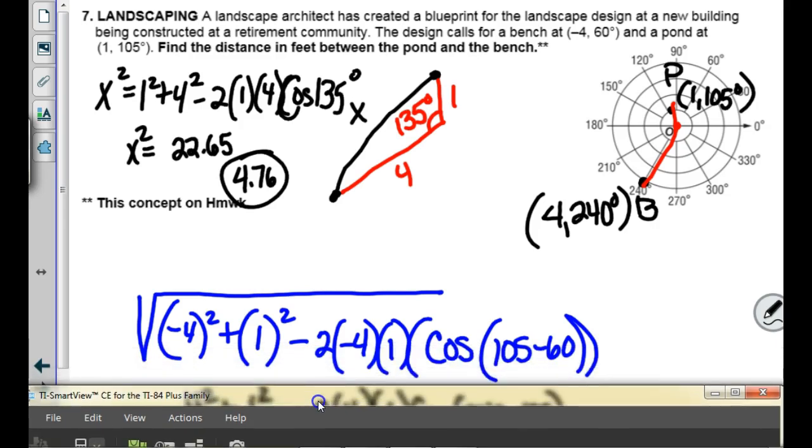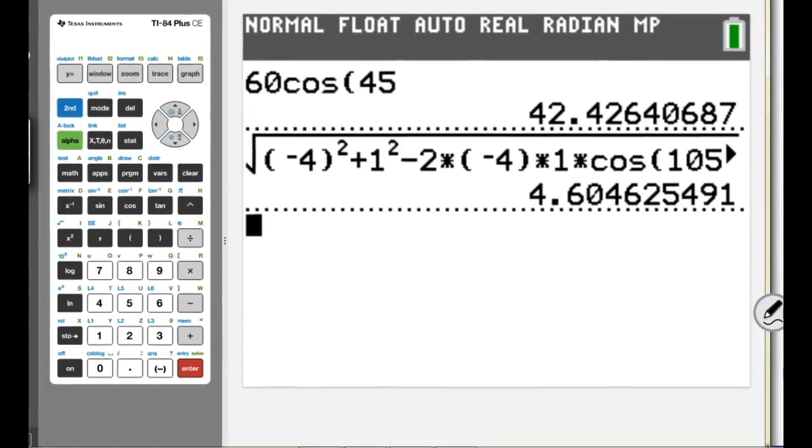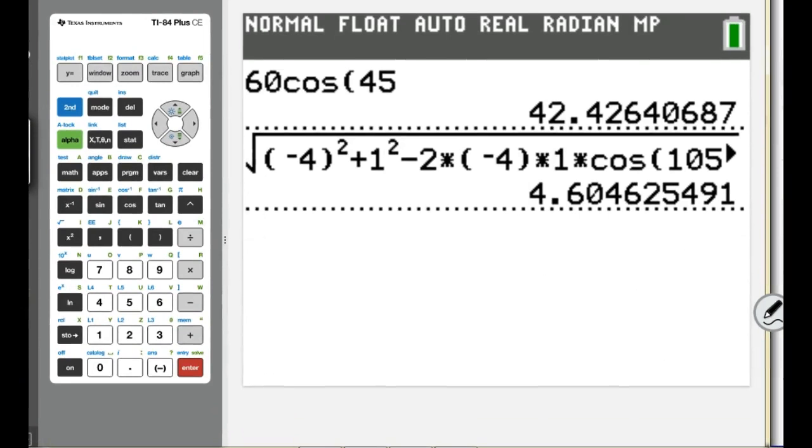105 minus 60. Did I put all the negatives in? I did.